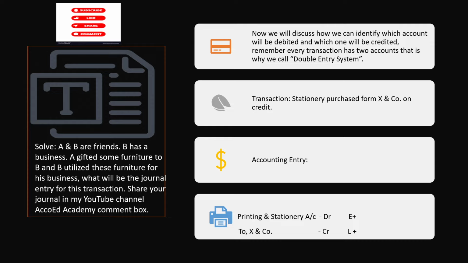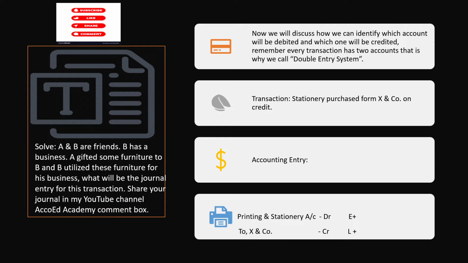And X and Company is your supplier, creditor. It is your liability to pay off this much amount to X and Company. So it is a liability and your company's liability is increasing. That is why X and Company has been credited here.